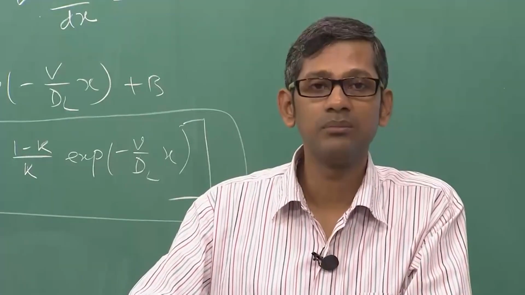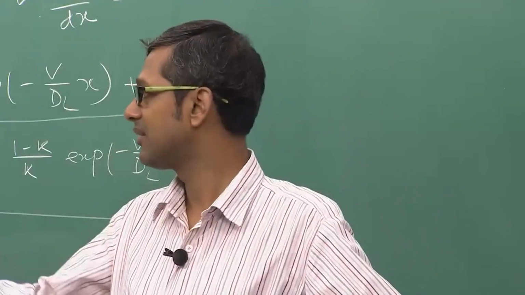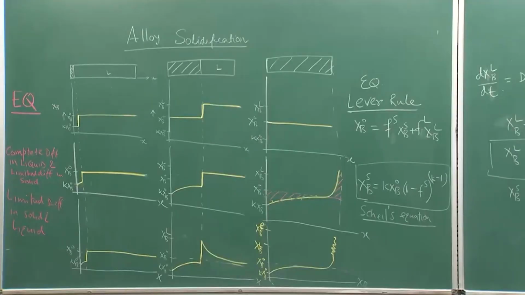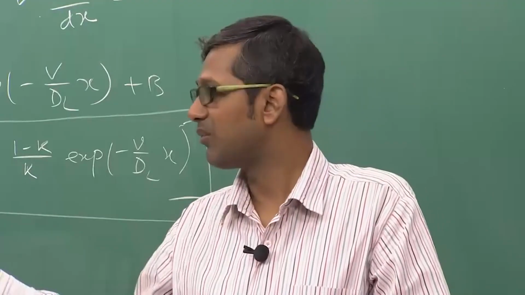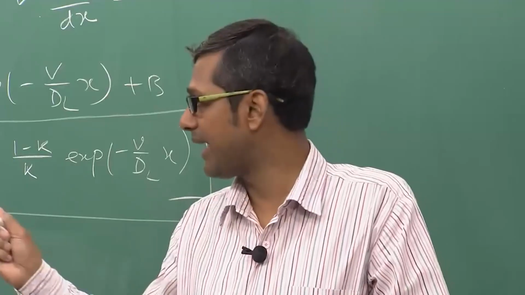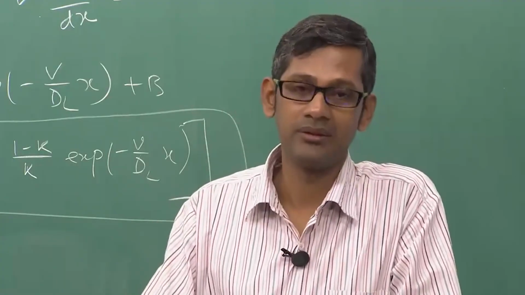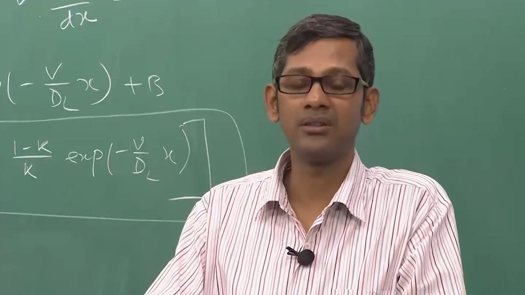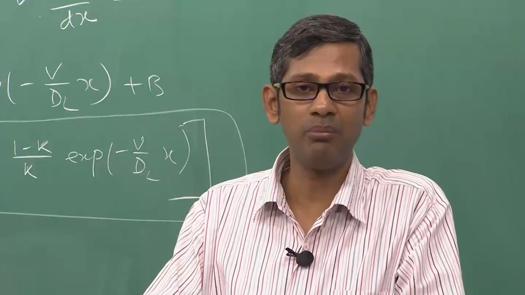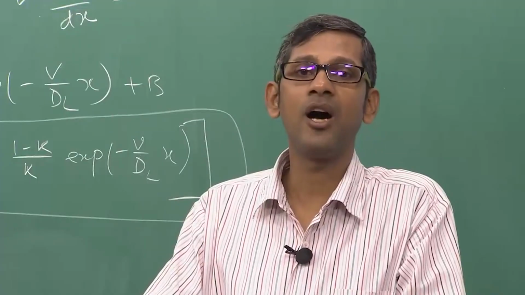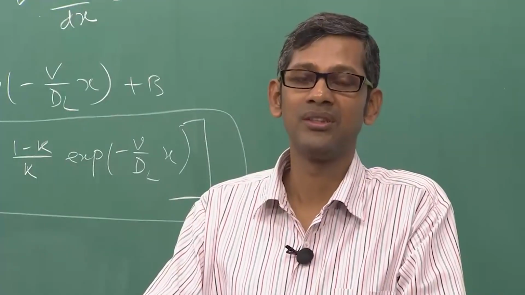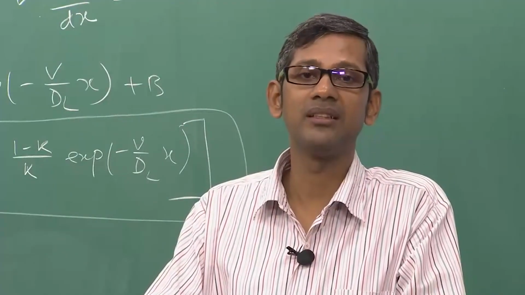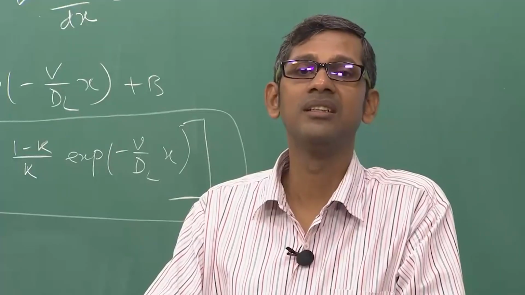We will always have such a kind of spike in the compositional profile, and this spike is very important for the formation of dendrites in the alloy cases. So in the next lecture, I will discuss how the dendrites form and how we can use a novel theory to explain the dendritic formation in the alloys.